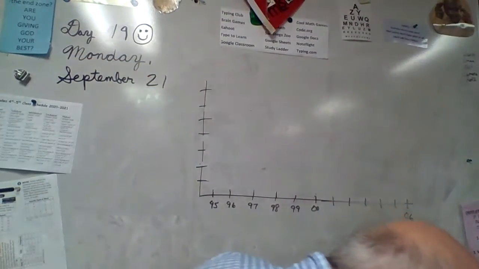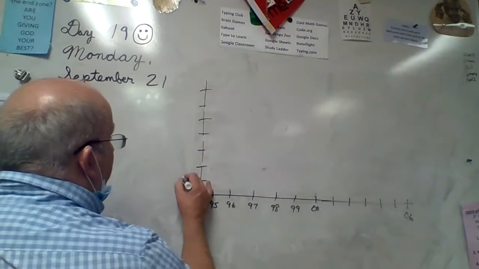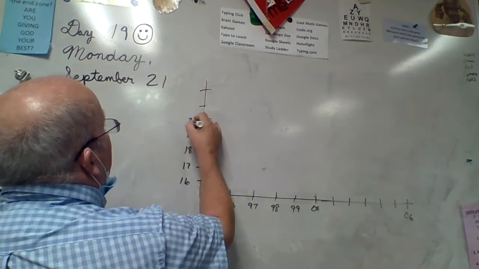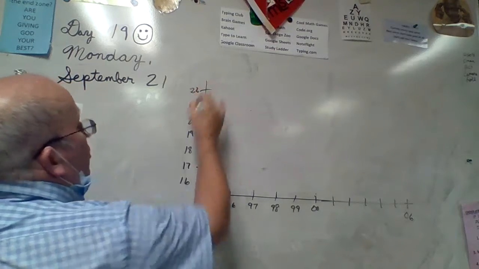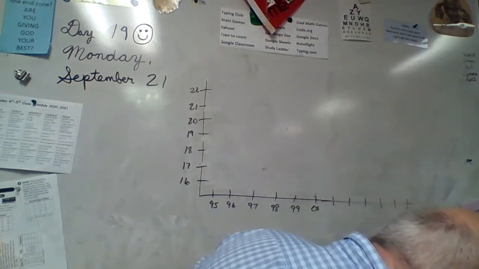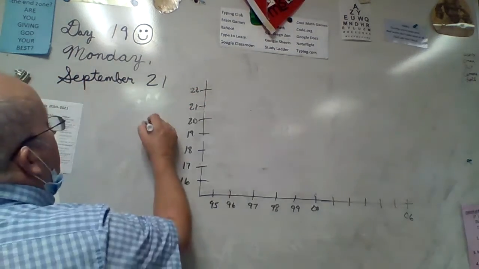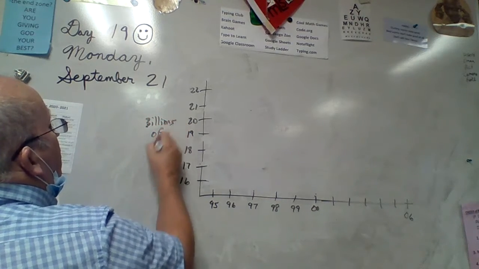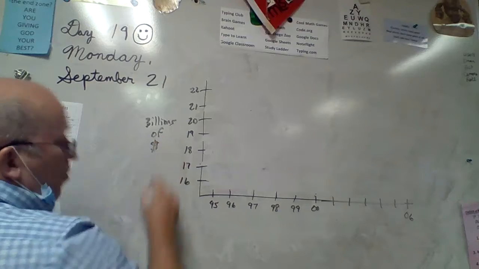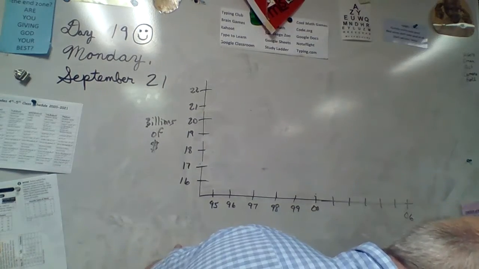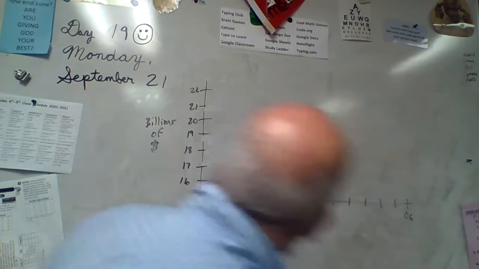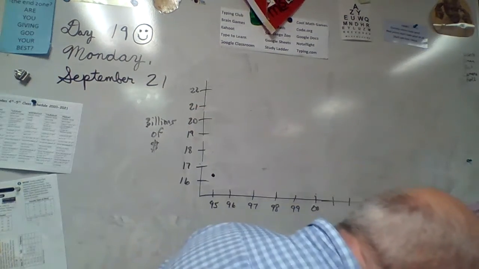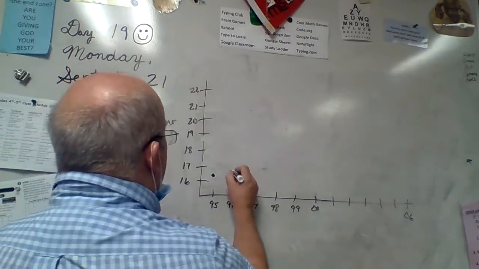Now, up the side, they started with 16, then 17, then 18, then 19, then 20, 21, and 22. And those numbers, be careful, represent billions of dollars. So our first dot for the year 1995 is about right here. Our second dot, a little bit higher.